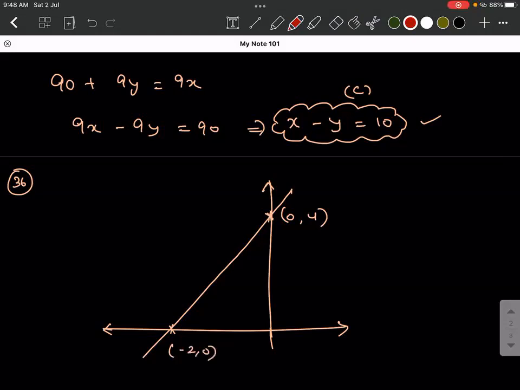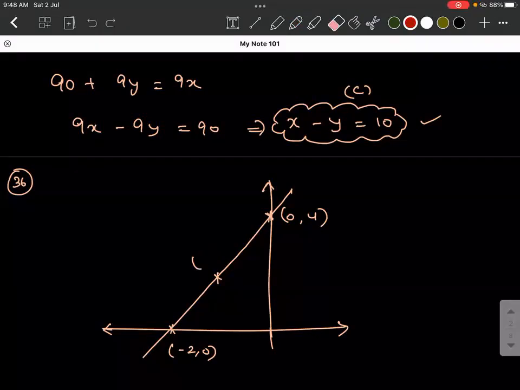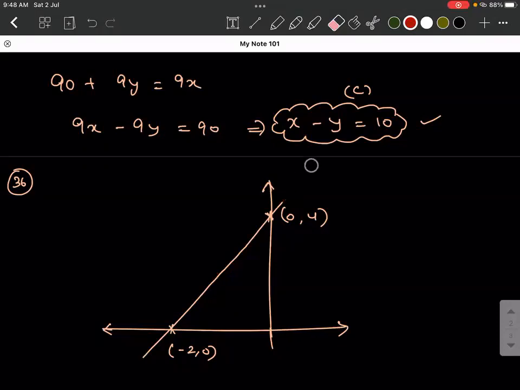Okay. They have given different equations. 1, 6 will not be here. It will be in the first quadrant. 1, 6. Okay. So what are they asking now?